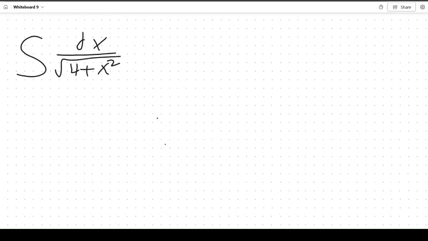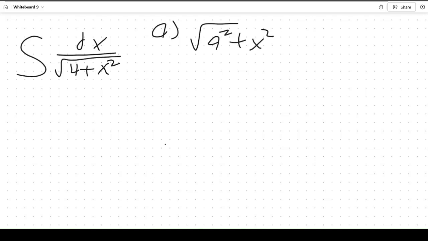So let me write it down. a squared plus x squared, and the substitution would be x equals a tan theta. So what is the a in our equation?